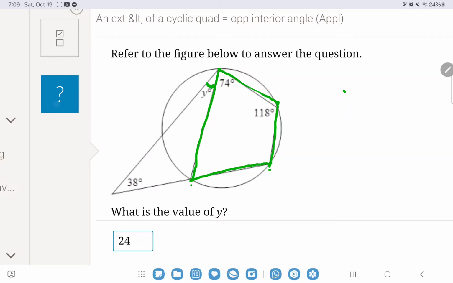If they're not touching the circle at least at one place, it's not cyclic. We know in cyclic quadrilaterals opposite angles are supplementary. So if this is 118, then this must be 180 minus 118. But also this forms a linear pair with this, so this is 180 minus this, which would be 118, because we know that exterior angles are equal to the opposite interior ones.